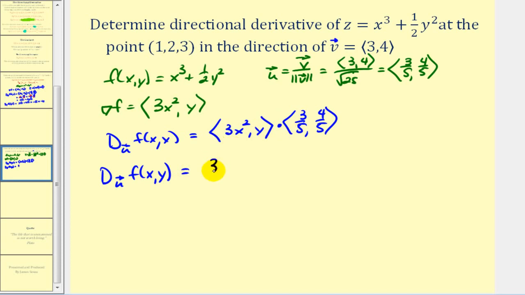So we'll have 3x squared times 3/5 plus y times 4/5. That's going to give us 9/5 x squared and then plus 4/5 y.